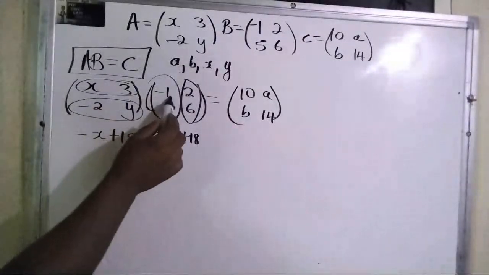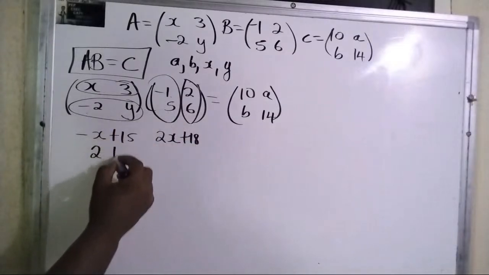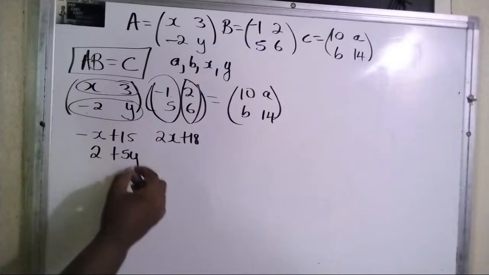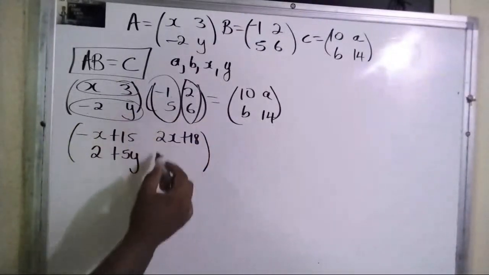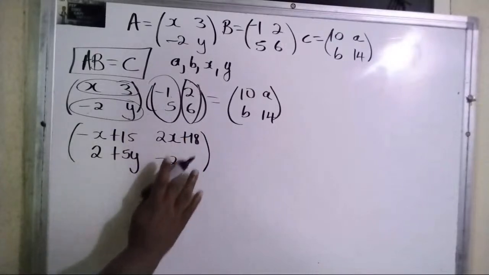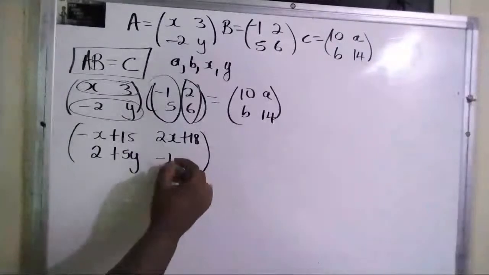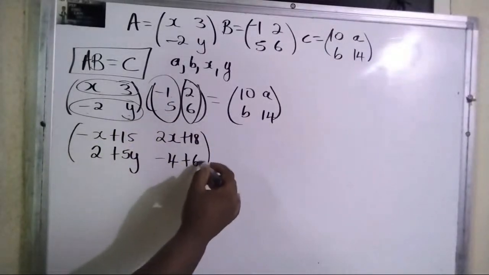Negative 2 times negative 1 gives us positive 2. y times 5 gives us 5y. And negative 2 times 2, that's negative 4. And y times 6 would give us 6y.